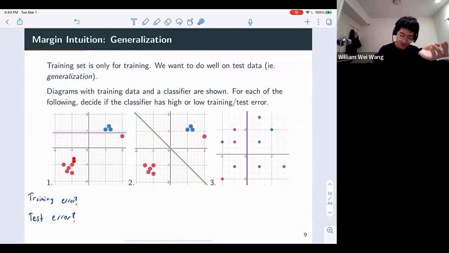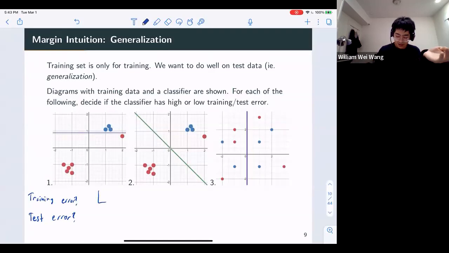So here, this one says red is this way and blue is this way, right? So this one actually achieves low training error. It has zero training error. It's classified everything correctly, right?